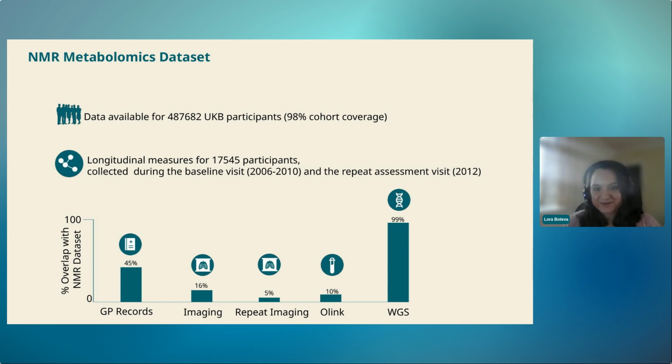And of course, we also have our whole genome sequencing dataset for the full cohort, or nearly full coverage of the metabolomics dataset. The data available for that spans everything from raw sequencing files, things like CRAMs, to more variation-based file formats like VCFs for SNPs and copy number variants.